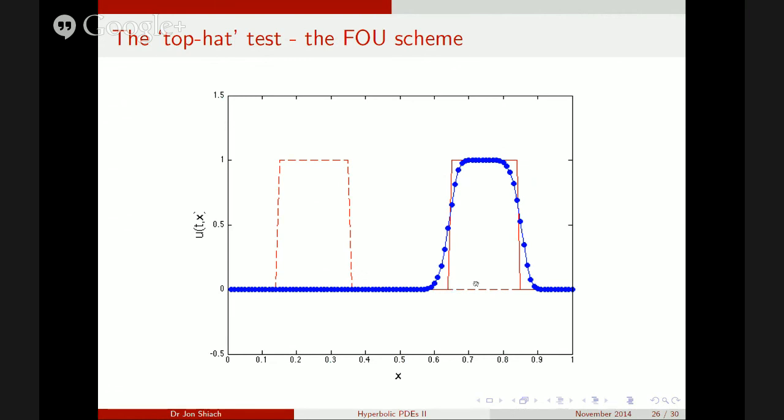If I was to continue this for longer, what you'd find is dissipation. Your top hat function, which should look like that, will start to smooth and will eventually just disappear. So it may look good, but after a while, if I was allowed to continue, it'll just smooth out.